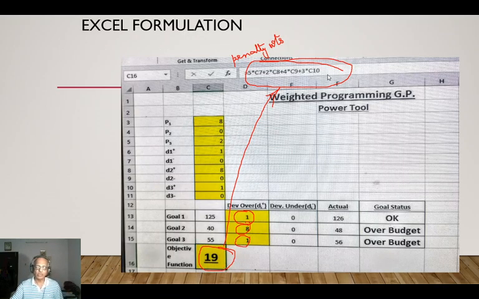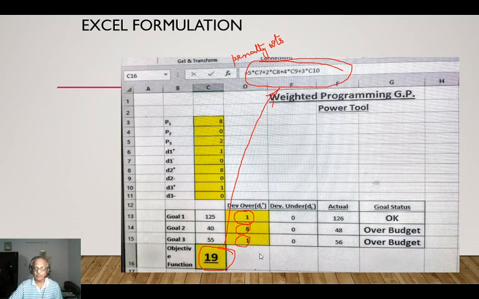So Excel formulation, we have done it, and if you see this objective function, this is equal to 5c2 plus 2c8 plus 4c3, whatever is given by the management. And what we observe is that goal 1 is okay, and for goal 2, that is employment, below employment the deviation is 0, so you have met one target, but over employment you are not able to maintain, so you have taken extra 8 people.